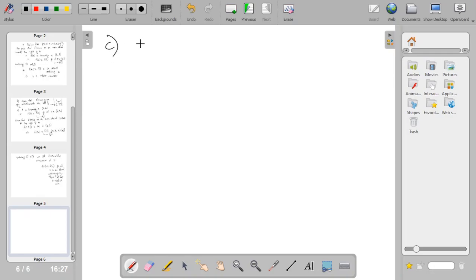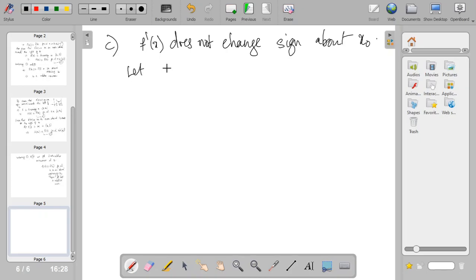So the third part: f dash of x does not change sign about x naught. So let f dash of x be greater than 0. So let us take f dash of x as positive.